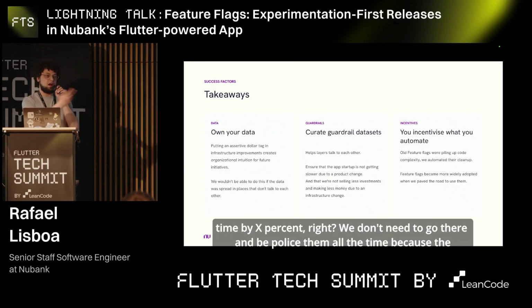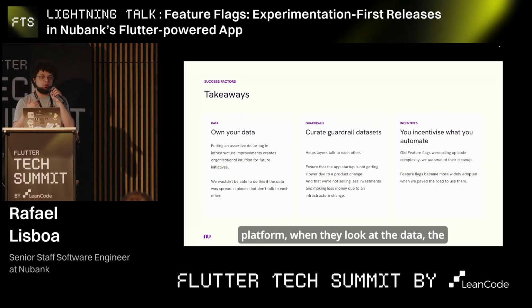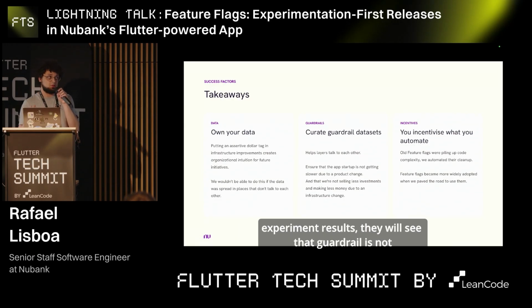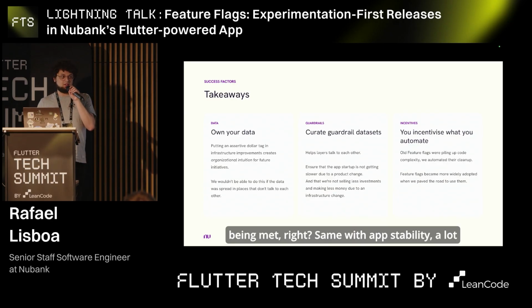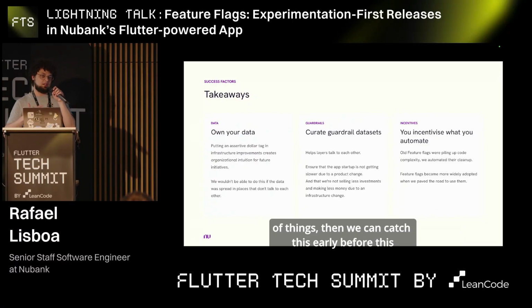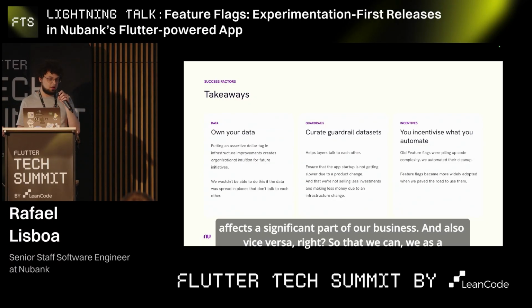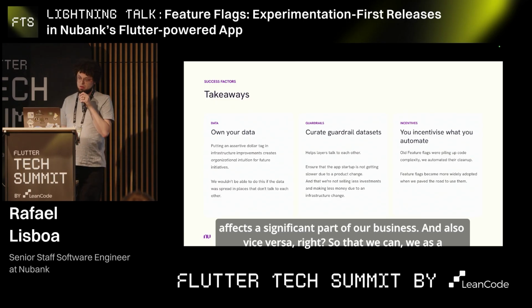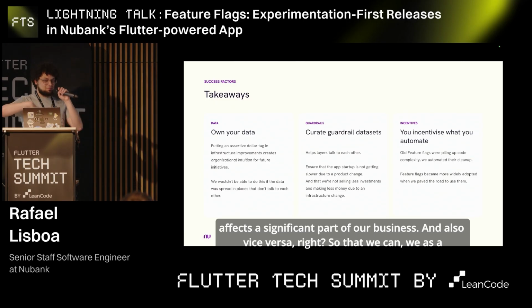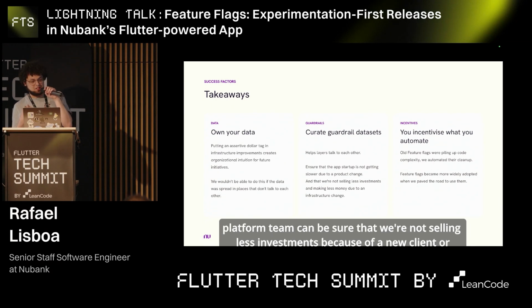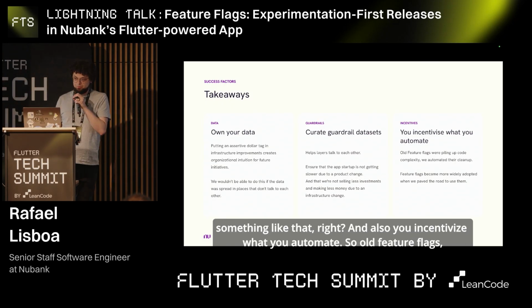We don't need to go there and be policing them all the time, because when they look at the experiment results, they will see that the guardrail is not being met, right? Same with app stability, a lot of things, and then we can catch this early before this affects a significant part of our business. And also vice versa, right? So that we as a platform team can be sure that we're not selling less investments because of a new HTTP client or something like that, right?